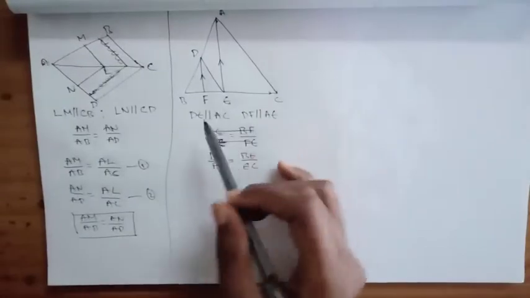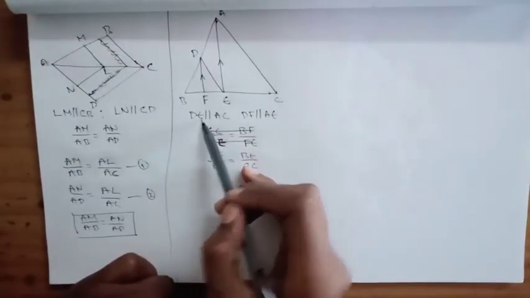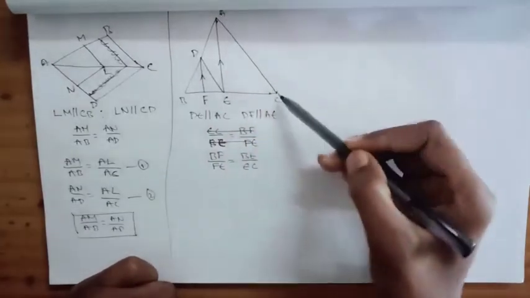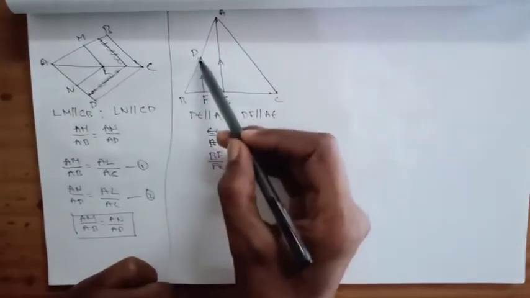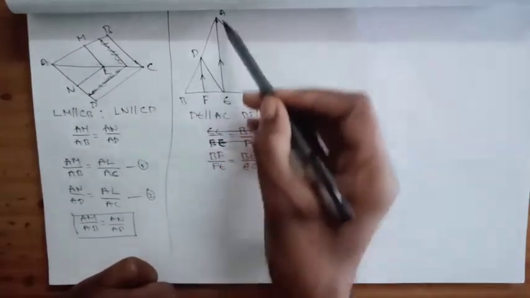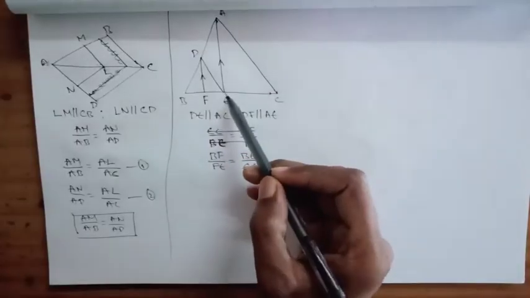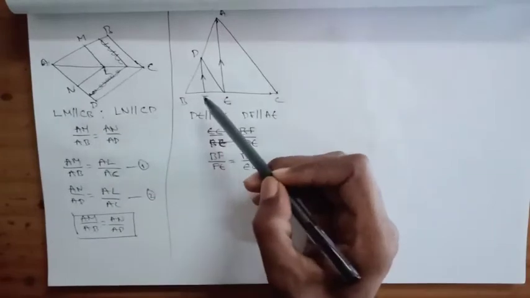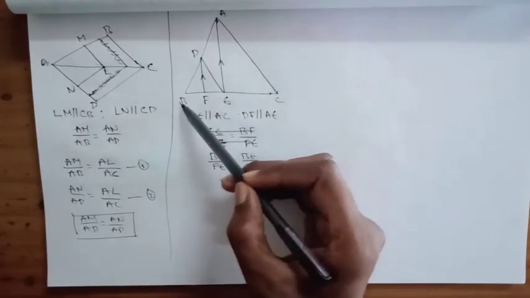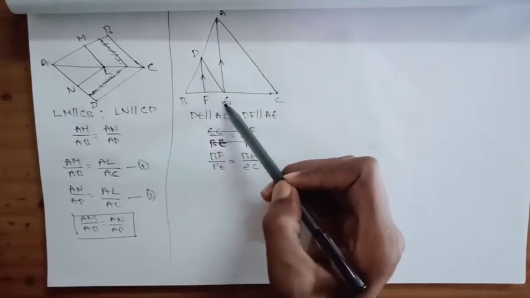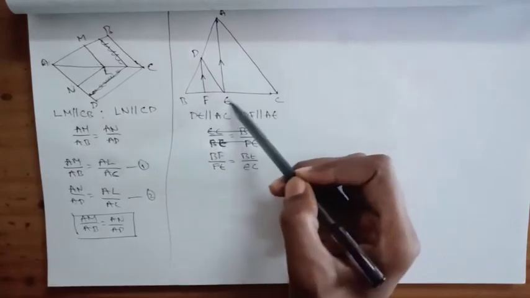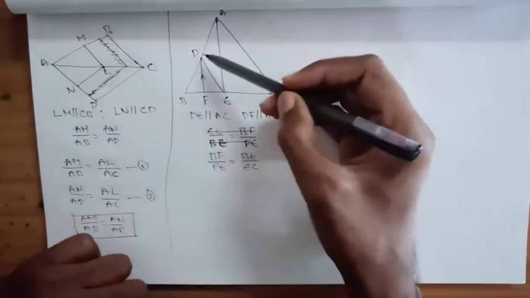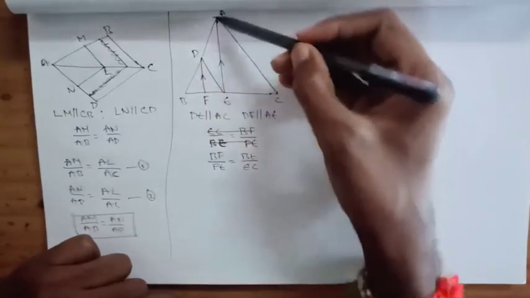In this problem he stated that DE is parallel to AC and DF is parallel to AE. Then we have to prove that BF by FE equals BE by EC. So first we have to see that these two are parallel.